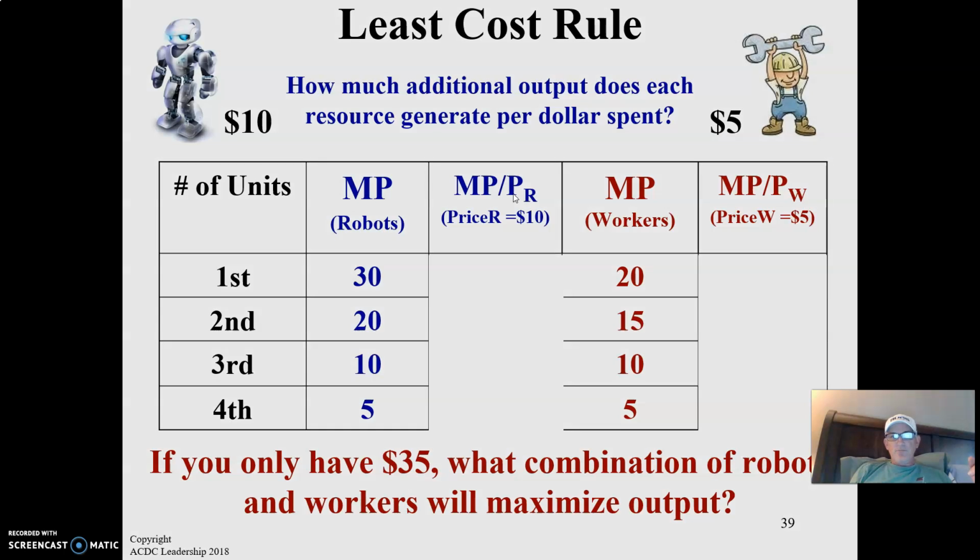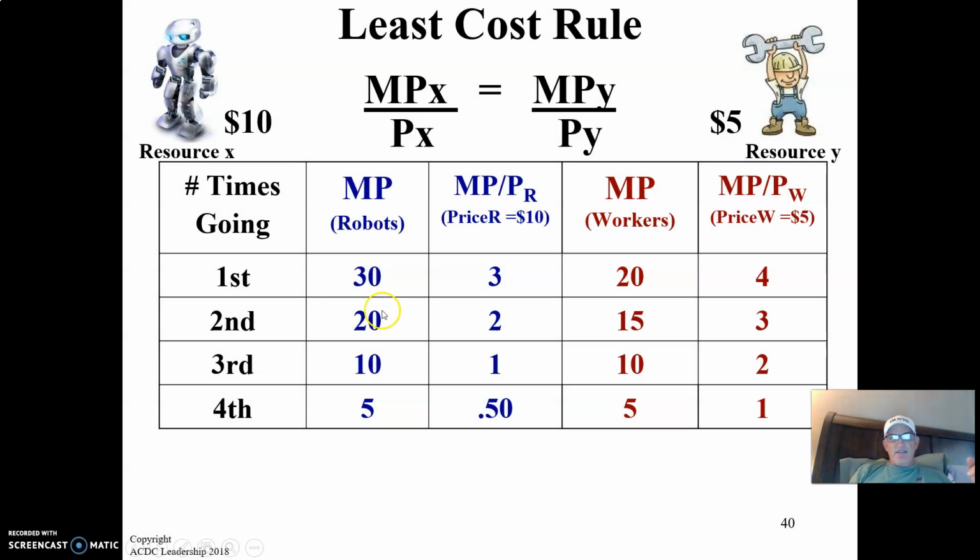If we bought one robot and its marginal product is 30, then that means we're getting 3 units per dollar spent on the robot.